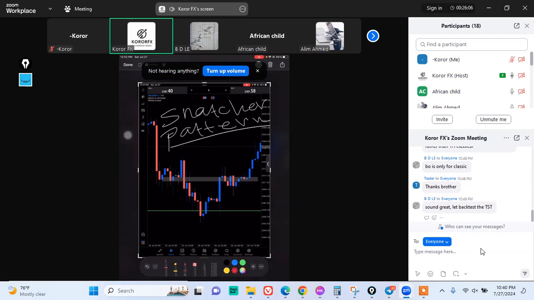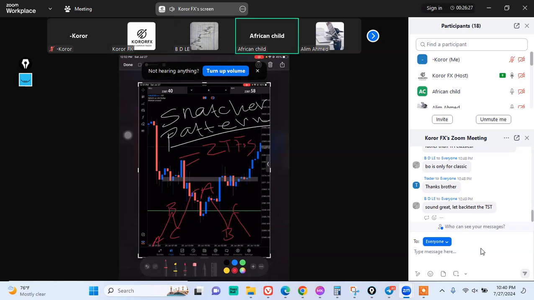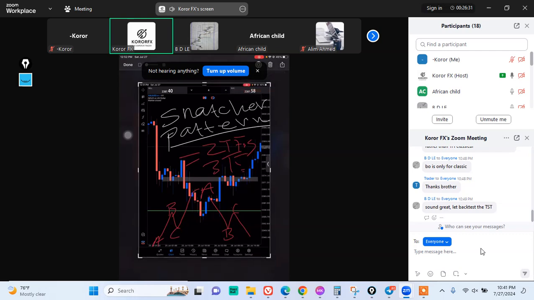It's like an ABC pattern, like this. A, B, C. So we have to find it two time frames lower. Even we can use 3 time frames. I will show you, guys.